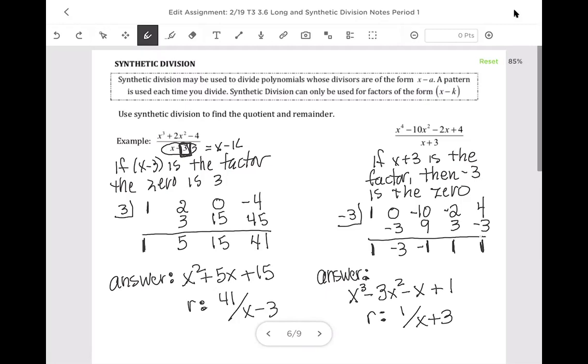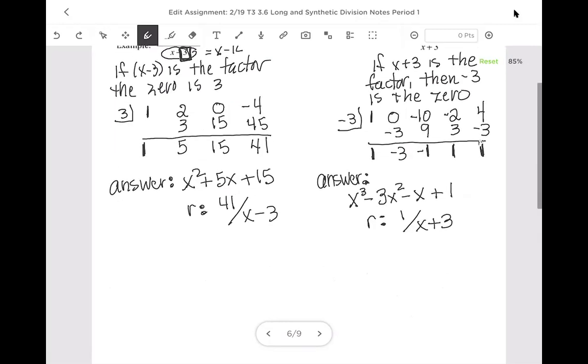Now, I just did 2 examples with you where you have a remainder, right? If you don't have a remainder, then you found a factor. Like you divided, and that would mean that -3 is the 0. So I want to ask you a question, and you can just think it in your head. In both of these examples, I wrote the 0 is 3 and the 0 is -3, when in fact, they weren't zeros. All right.